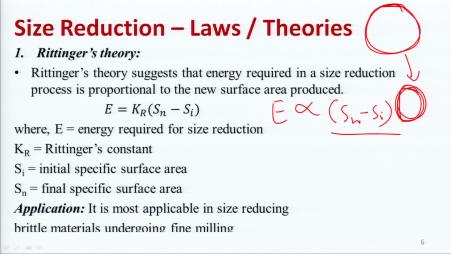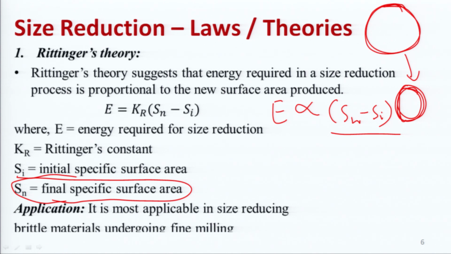Sn is the final specific surface area and Si is the initial surface area, or we can say that Sn is the new surface area produced and Si is the initial surface area of the material.